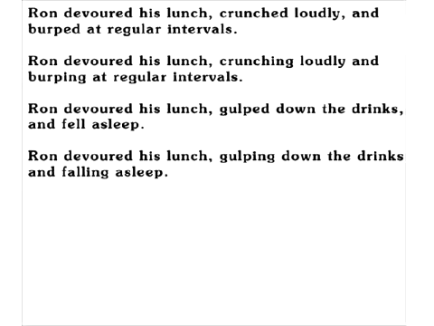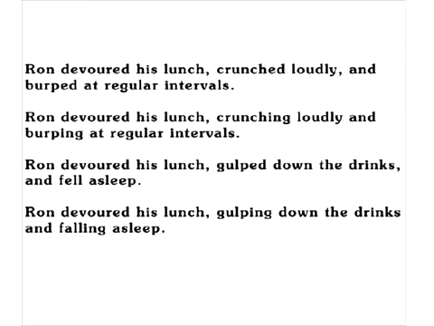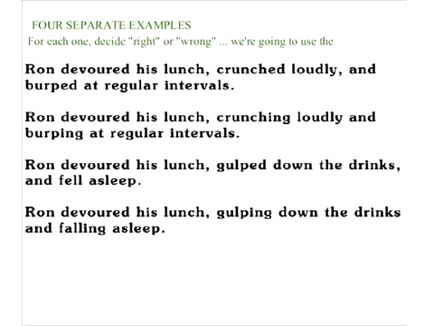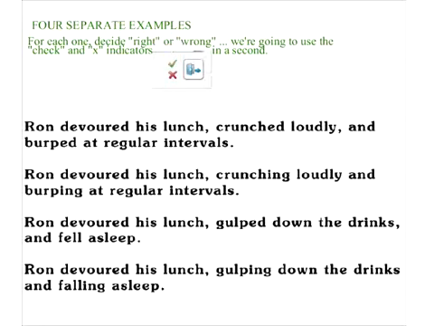So here are 4 sentences. What we're going to do with each one of these sentences is the following. This is not 4 multiple choices. This is 4 separate sentences. For each one of these, decide right or wrong, and then we're going to use the check or X indicators in just a moment.